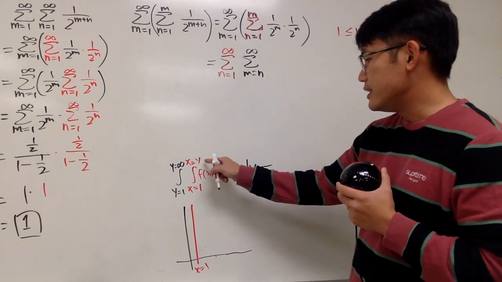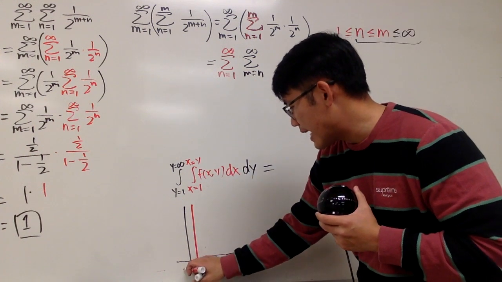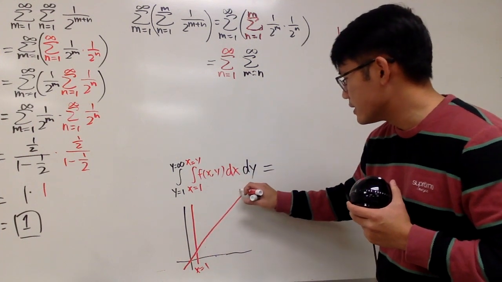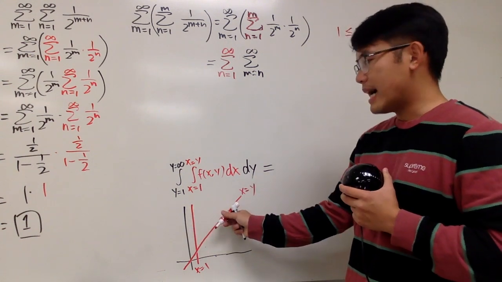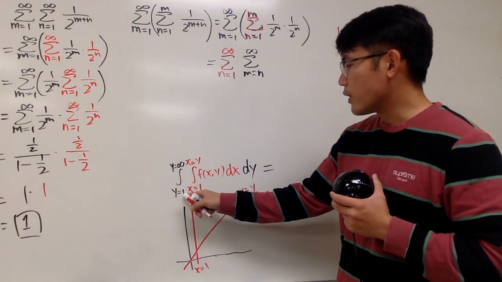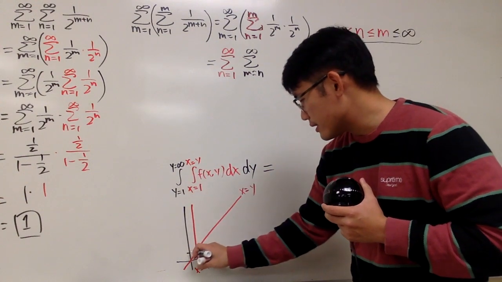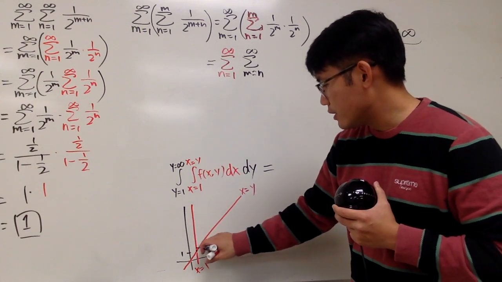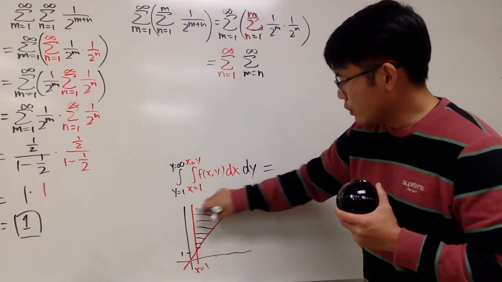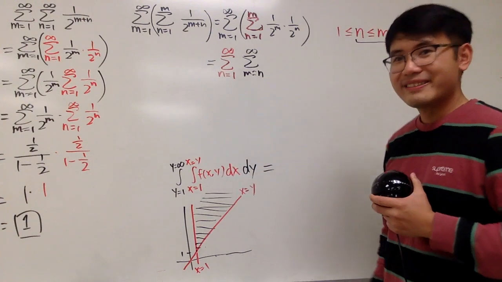And when we have x equal to y, this is just that diagonal right here. So we have this to that. And it says y goes from 1 to infinity. So let's say this is 1. We have to go from here all the way up to infinity. So we want to talk about all this part right here to infinity.